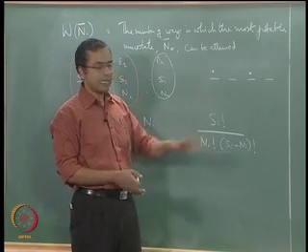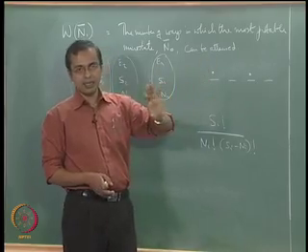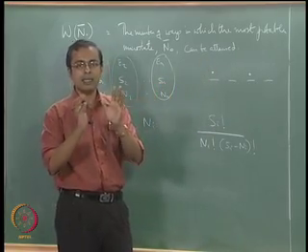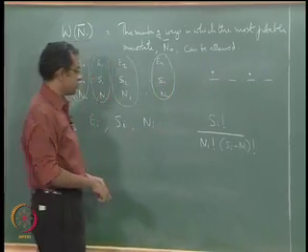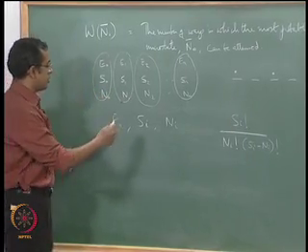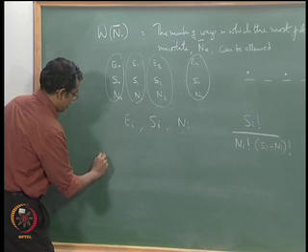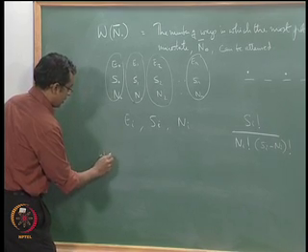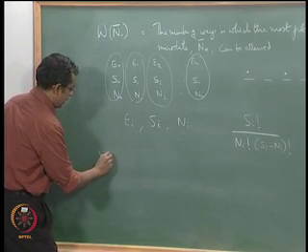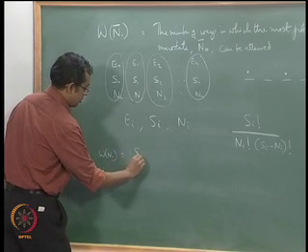If you do this, that gives you the total number of ways in which you can attain a particular combination of Ni particles sitting in Si states, right. This we will call a small w, okay. So small w for particular Ni is this one.